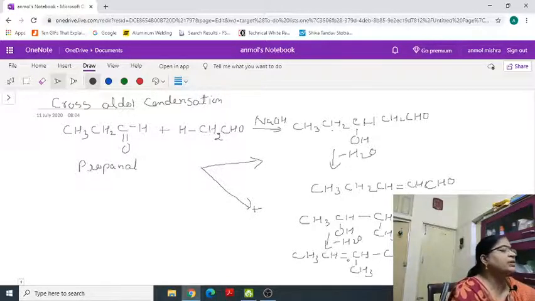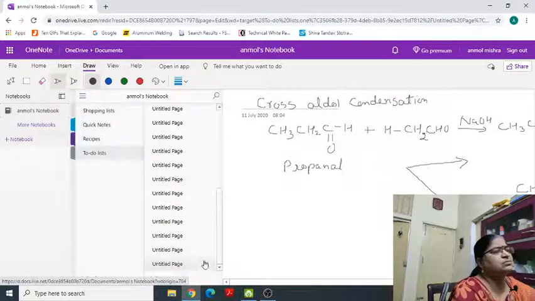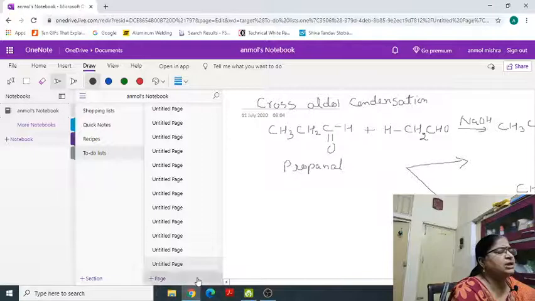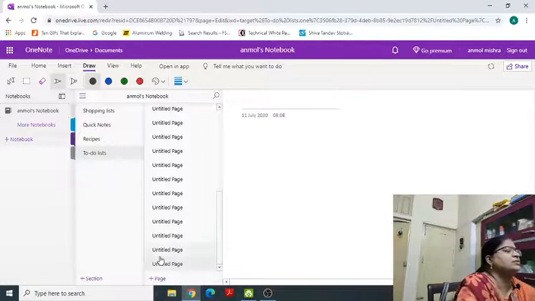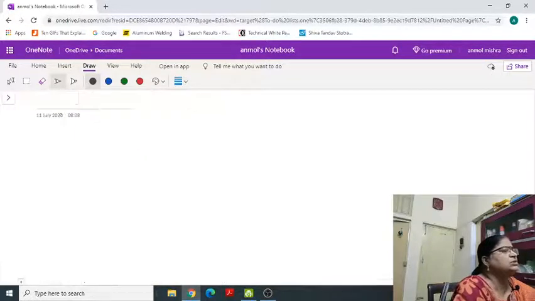Next is the Cannizzaro reaction. Those aldehydes which do not have an alpha hydrogen atom undergo this reaction.